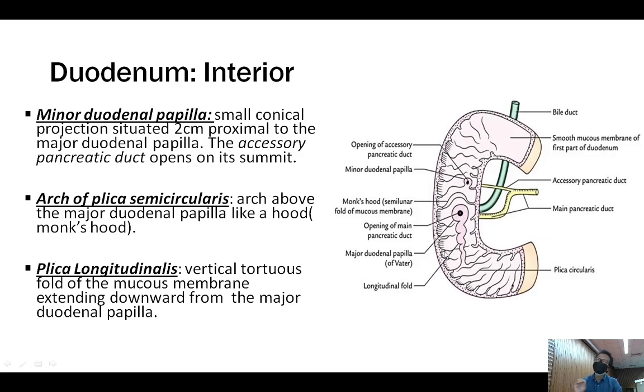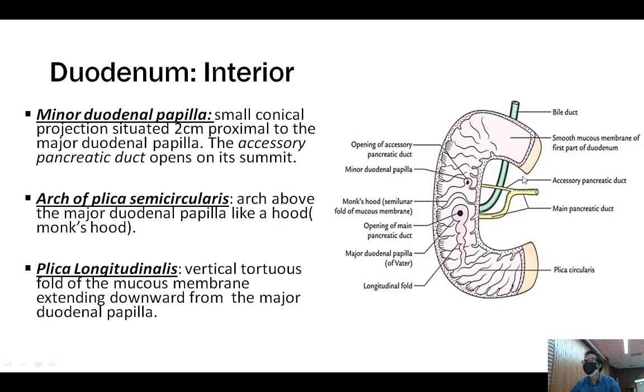What it means is that at the point where those ducts open, the surface of the duodenum tends to be conical in shape and slightly projected. That's why those parts are called major or minor duodenal papilla.